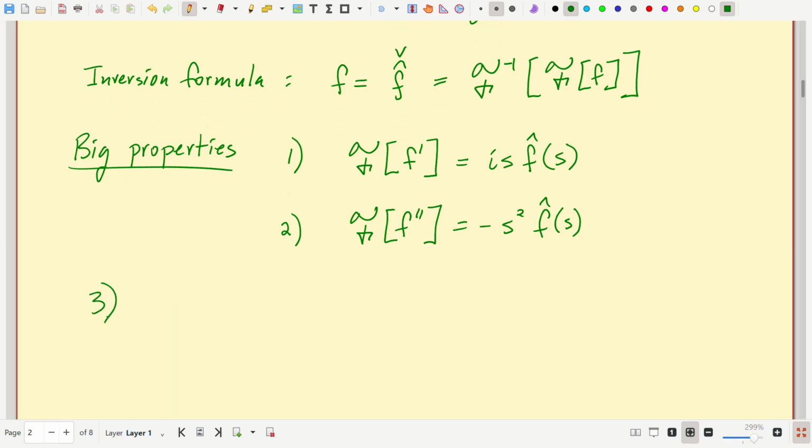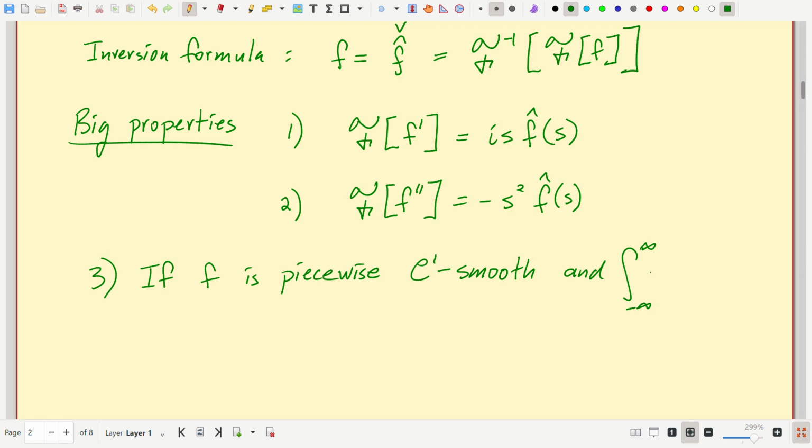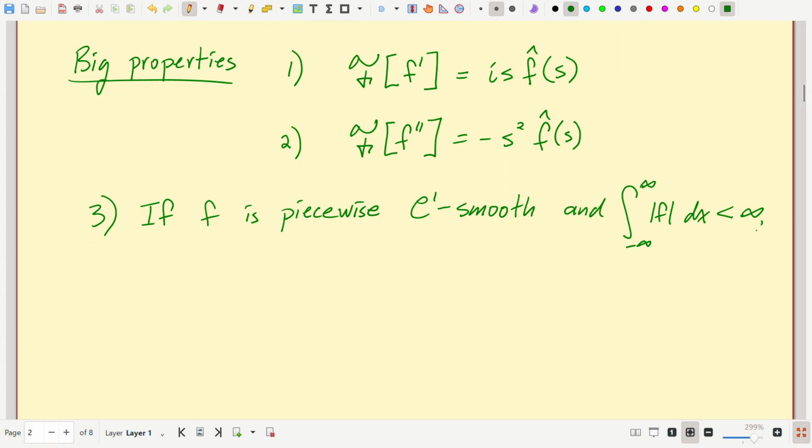And then, of course, you want to know if this really works, and there's a theorem that if f is piecewise C1 smooth and absolutely integrable, meaning the integral of the absolute value of f of x dx is finite, that's what it means to be absolutely integrable, then the Fourier inversion holds.